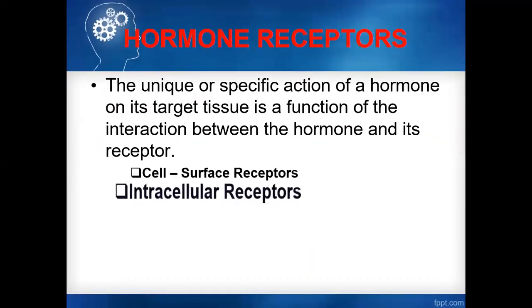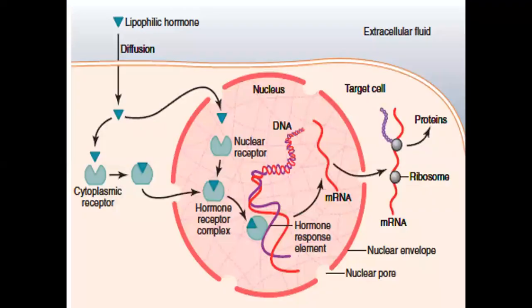Then we have your intracellular receptors. I've mentioned that your intracellular receptors are found maybe in the cytoplasm or could be in the nucleus, depending on the type of hormone that binds to it. Once a steroid hormone passively diffuses through the cell surface membrane, it binds to a cytoplasmic receptor, forming a hormone receptor complex.